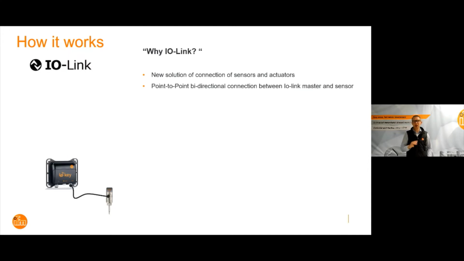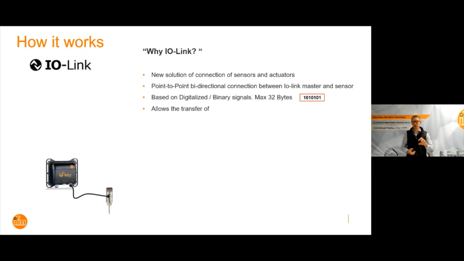So the IO-Link principle between sensor and IO-Link port is based on a point-to-point bidirectional connection between the IO-Link master and the sensor. So communication works both ways, and this communication is based on what we call digitalized or binary signals. And this signal can be up to 32 bytes big.